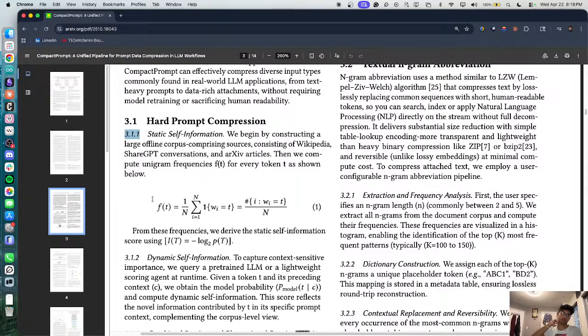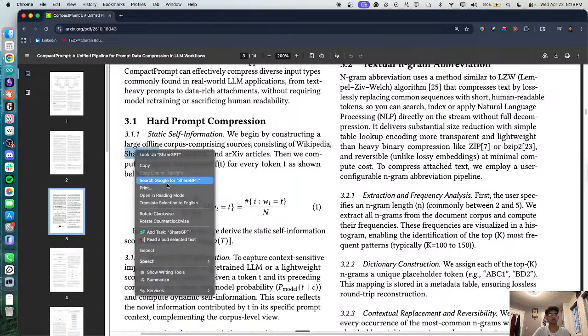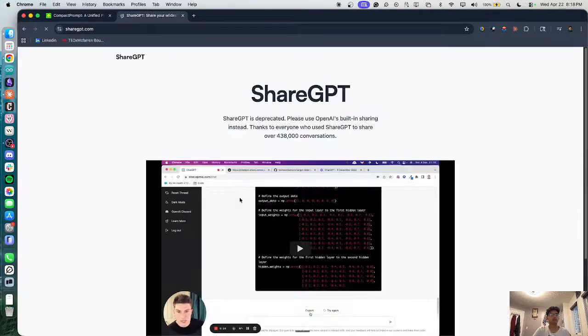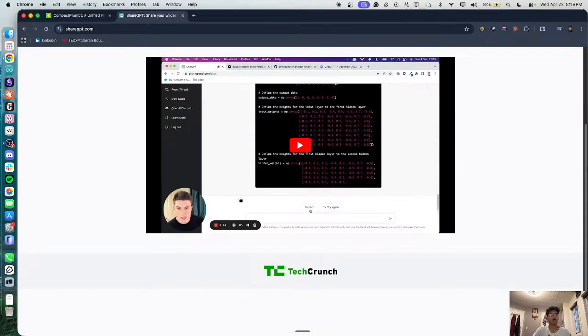Static self-information. We begin by constructing a large offline corpus comprising sources consisting of Wikipedia, shared GPT conversations. Is shared GPT... Oh, wow, I did not know this was a thing.